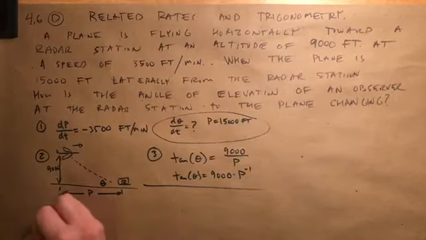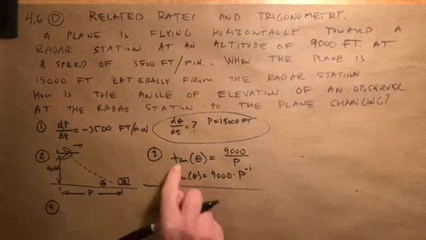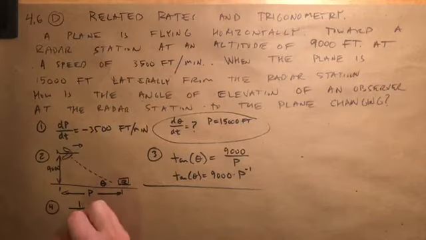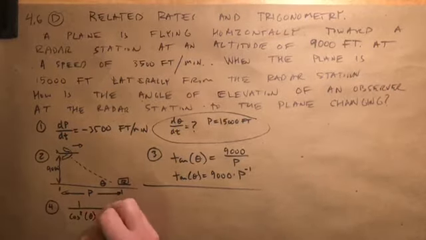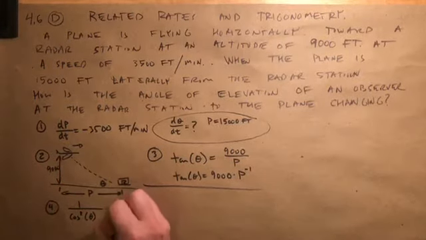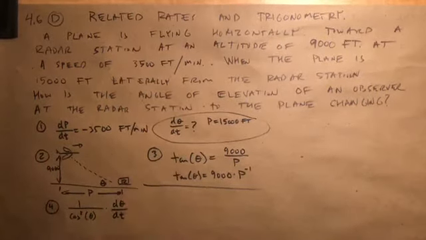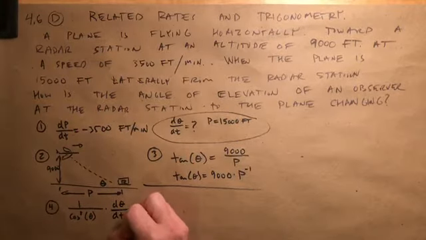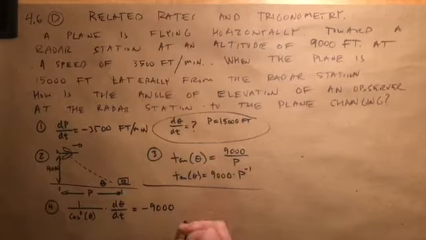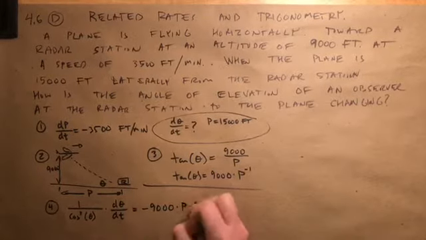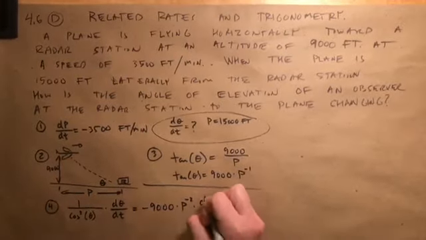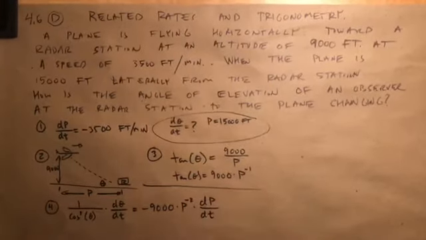Let's go for step 4 here, taking our derivative. So the derivative of tangent theta is 1 over cosine squared theta. But now I have to multiply that by the derivative, which is d theta/dt. Awesome. Let's keep going. And on the other side, we'll have negative 9,000 times p to the negative second times, oh yeah, there's our derivative, dp/dt.